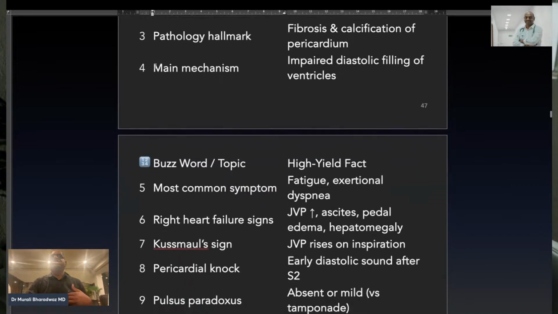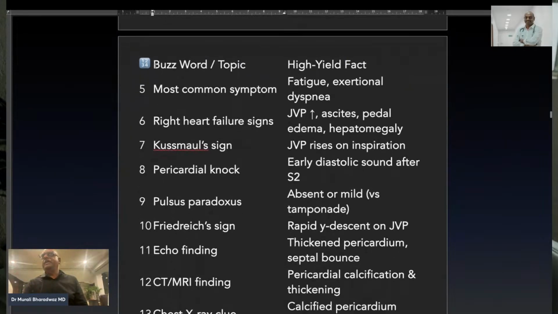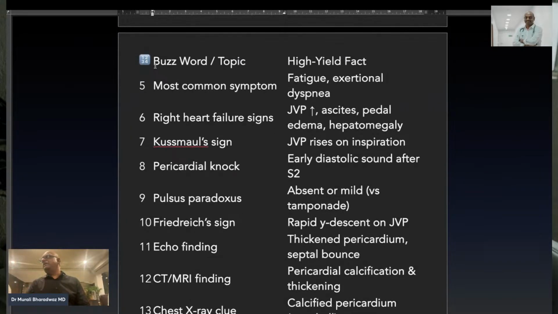Now, what is the main mechanism? Impaired diastolic filling occurs ultimately. The most common symptom is fatigue, because if the filling doesn't occur, pumping doesn't occur. There's JVP, ascites, pedal edema, hepatomegaly, etc. JVP remains raised in inspiration.